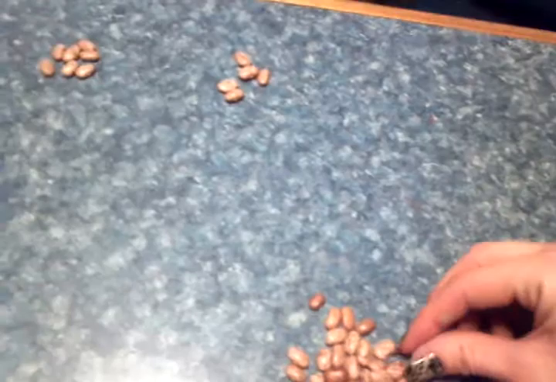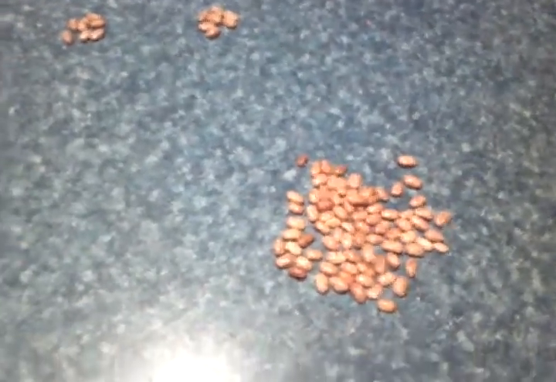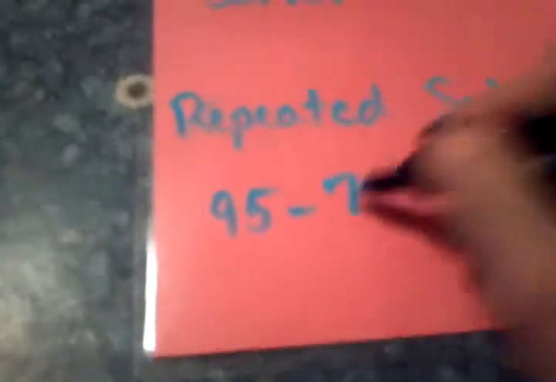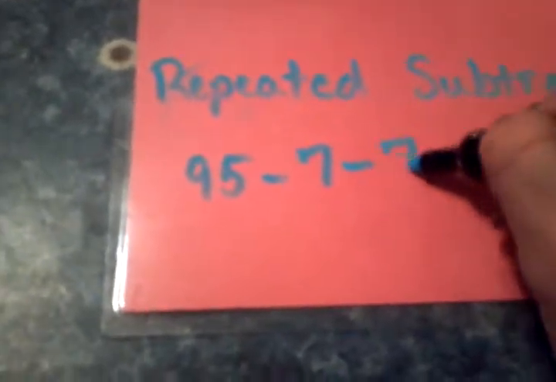And I'm going to continue in this manner, pulling out groups of 7. And as I do so, I'm going to come down here, since I am using repeated subtraction to divide. Because I've subtracted 1 7, and then I'm subtracting another 7, and I will continue in this manner. I'm going to start out by writing 95 minus 7, minus 7 again.